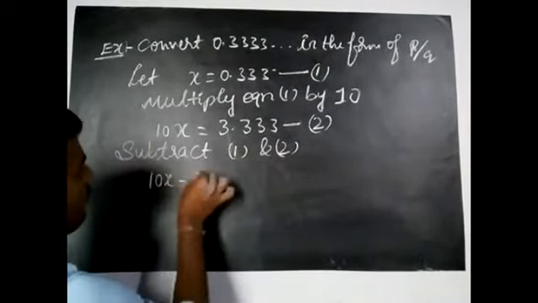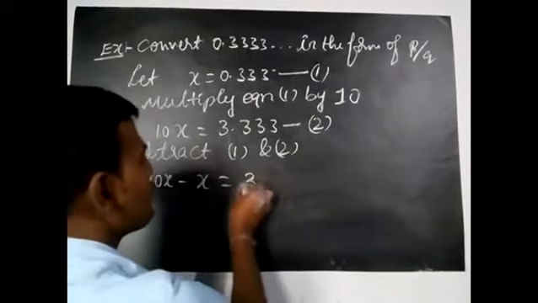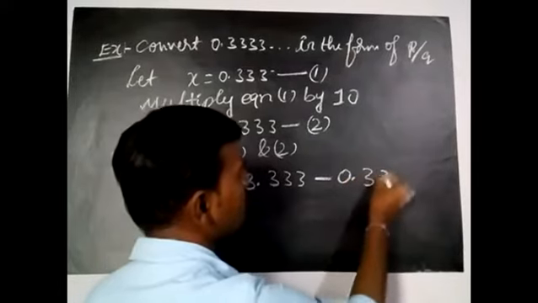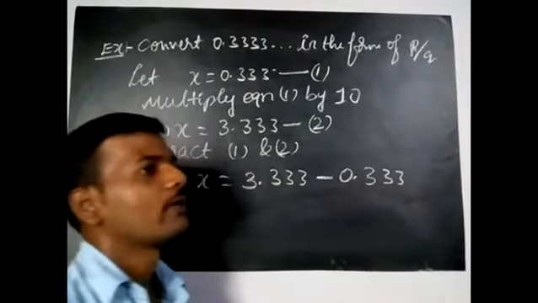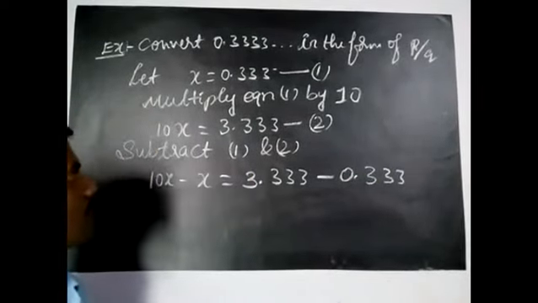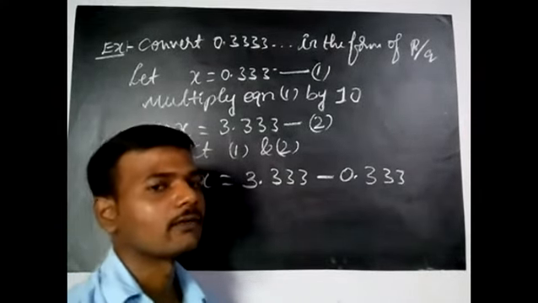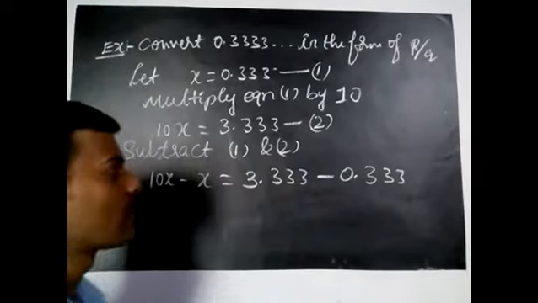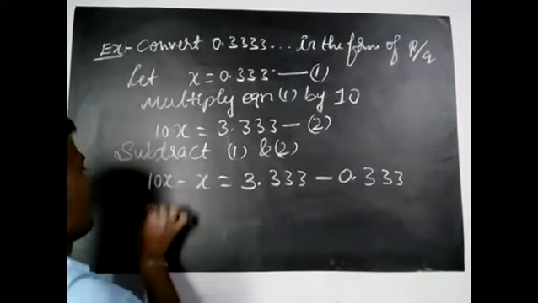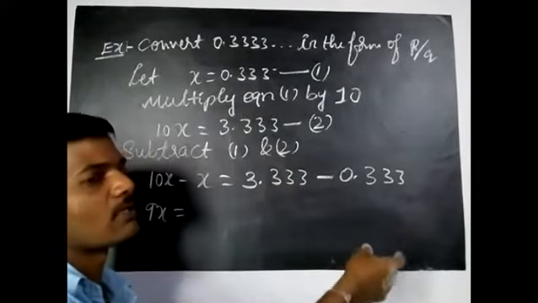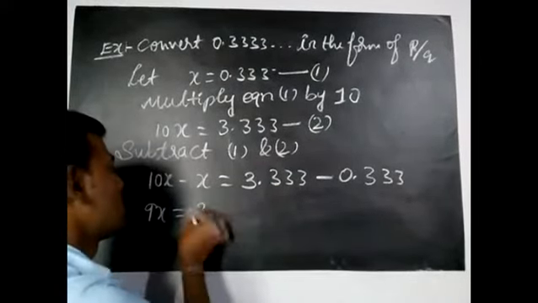10x minus x is equal to 3.333 minus 0.333. Here we have to subtract the LHS of equation 1 from the LHS of equation 2, and the RHS from the RHS. So 10x minus x is 9x, and 3.333 minus 0.333 is 3 only.